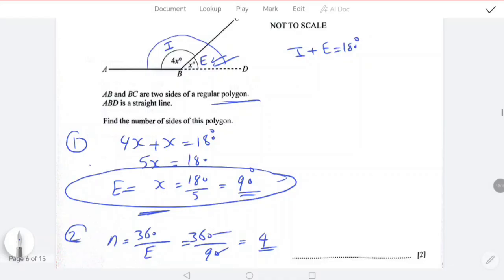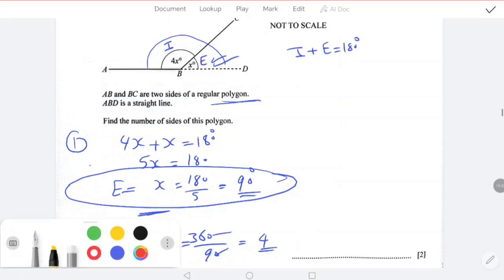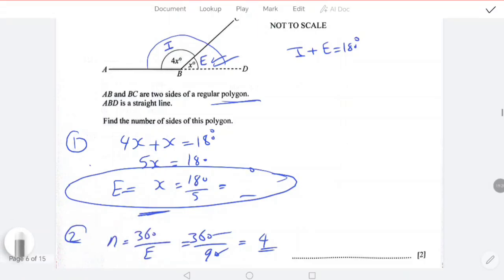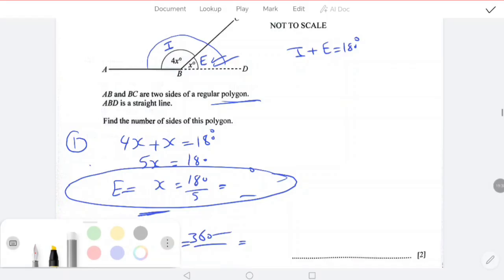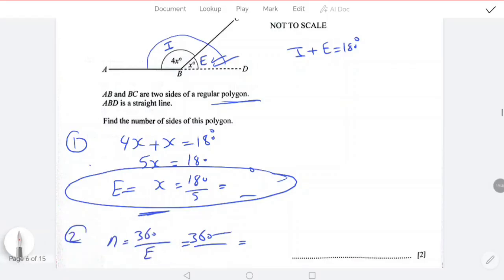Okay, so 180 over 5 is, yeah, it should be 36. Because of this I'm saying, if it's 90, it means this one is a square. Okay, 36. So 36 here, it will be 10 sides.